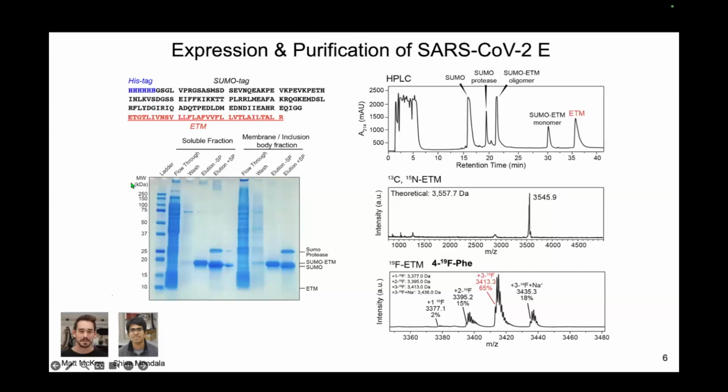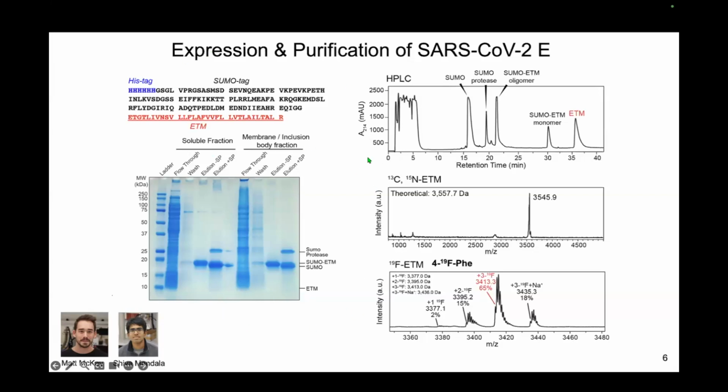Now let me tell you how we apply solid-state NMR to determine the structure of SARS-CoV-2 E protein. Early on in the pandemic, we quickly expressed and purified the E protein's transmembrane domain, which is about 30 residues, by using a SUMO fusion tag. We can express this to multi-milligram quantities in M9 minimal media with carbon-13 and nitrogen-15 enrichment.